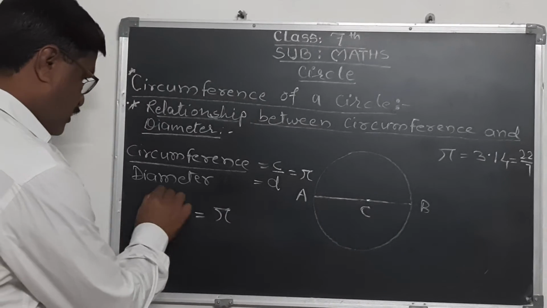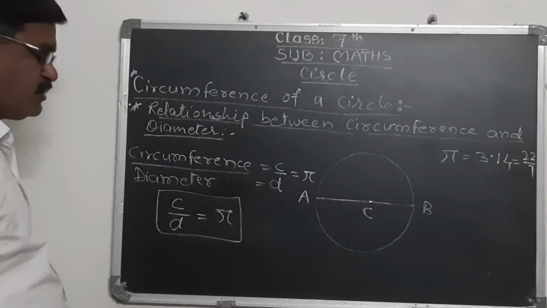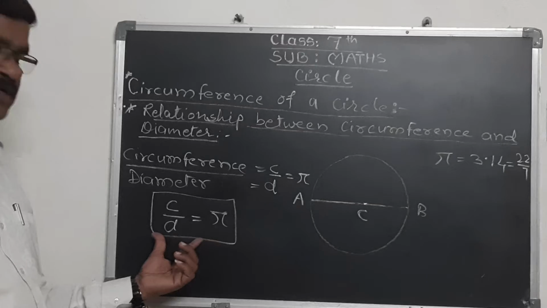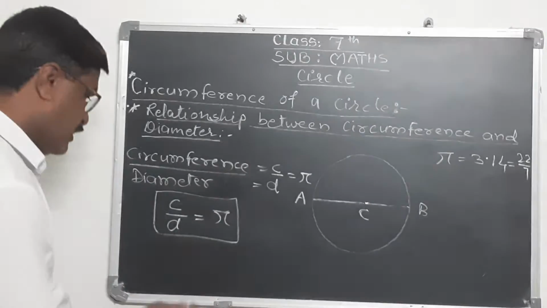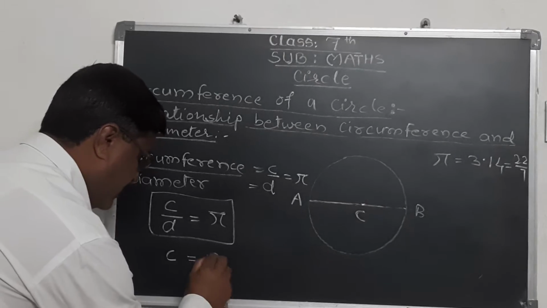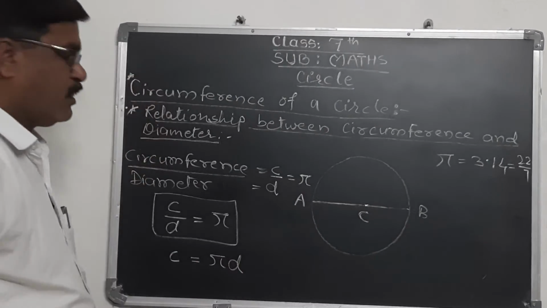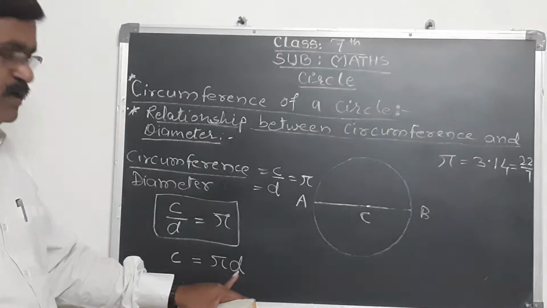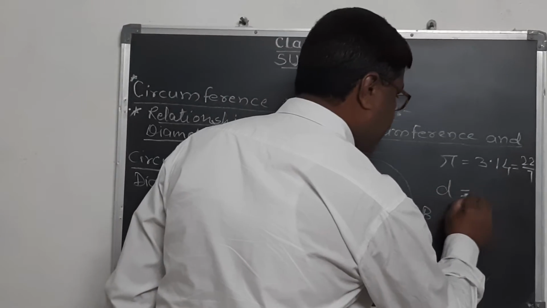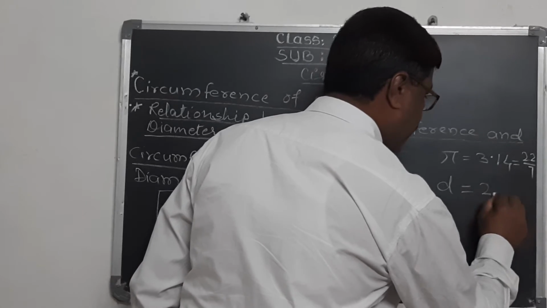Now from this ratio, if we calculate the circumference, then C is equal to pi D. D is the diameter, and we know very well that diameter is double the radius.